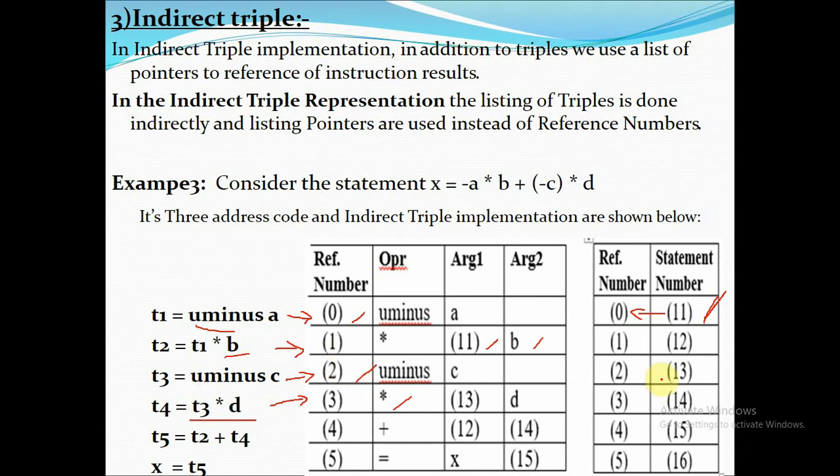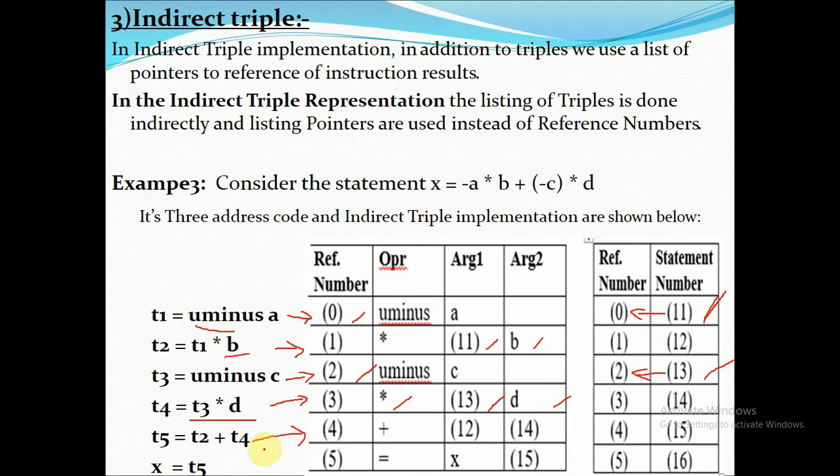So try to find the indirect address of this reference number 2. What is it? 13, statement number 13. So I should use 13 in argument 1 to represent the result of the previous row. Next, the second column is direct.